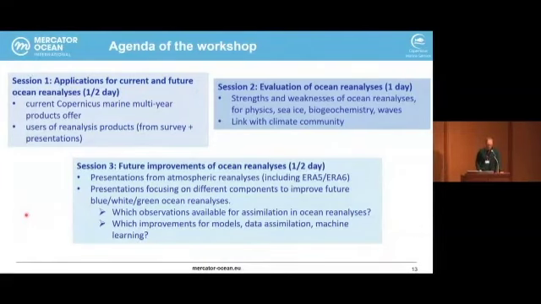And the third and last session dealt with future improvement. Here we are talking about what is used for ocean analysis, for example atmospheric forcing, observation, and also what can be improved on the different components of reanalysis.